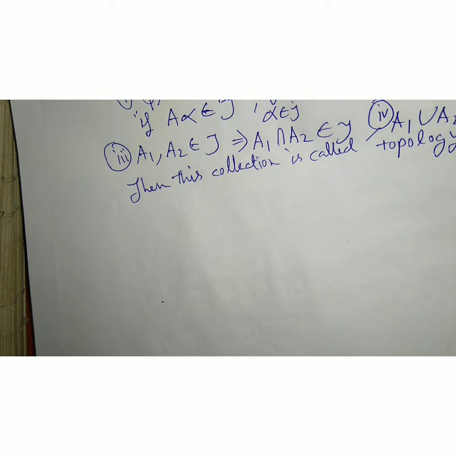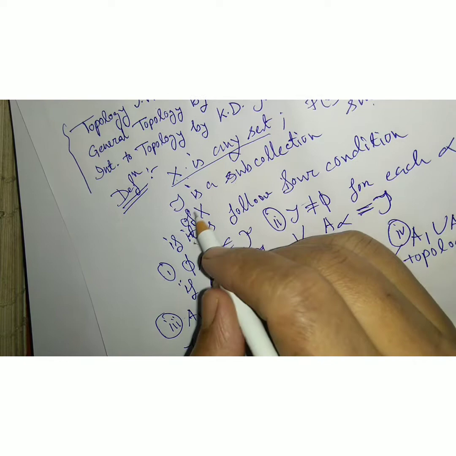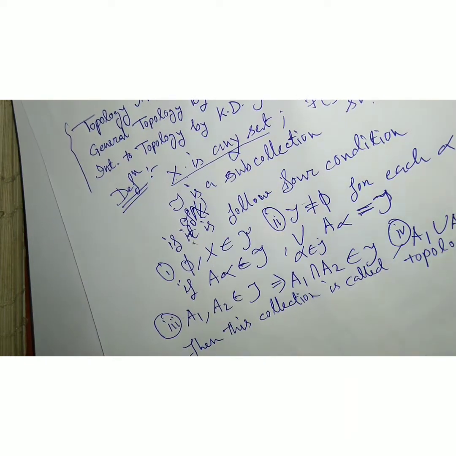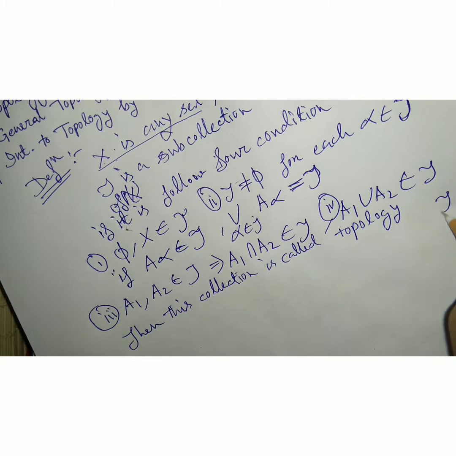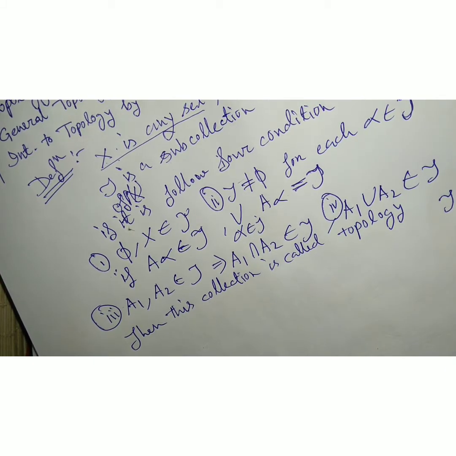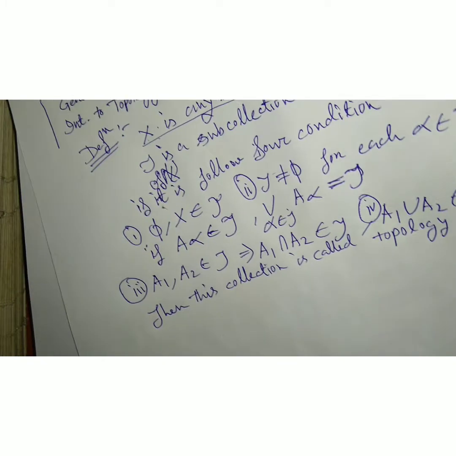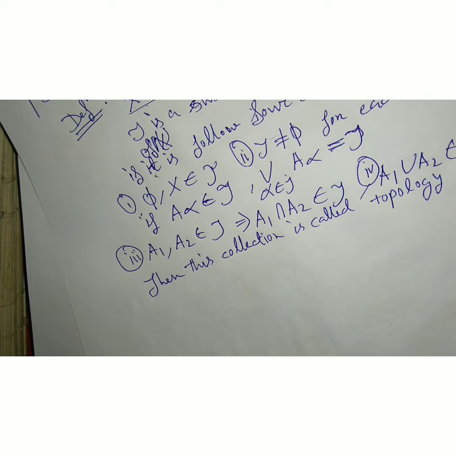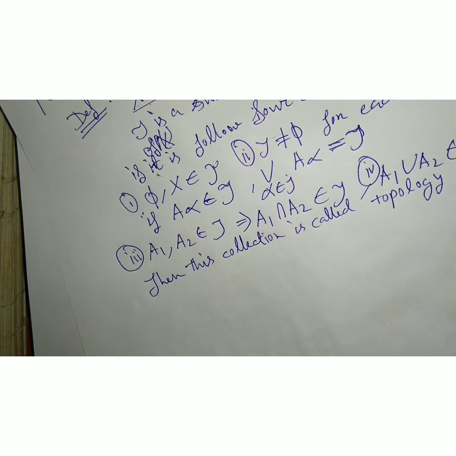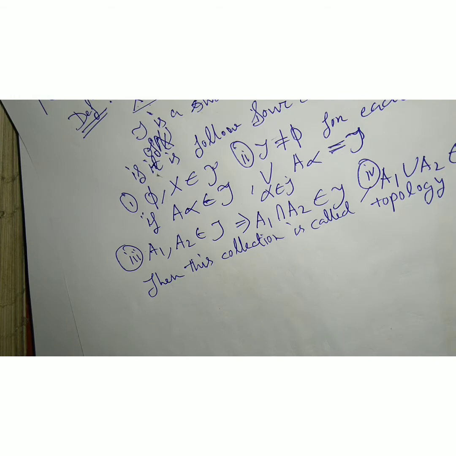Remember, X is any set, Px is the total collection of all subsets of X, and tau is a sub collection of Px, a proper subset of Px.